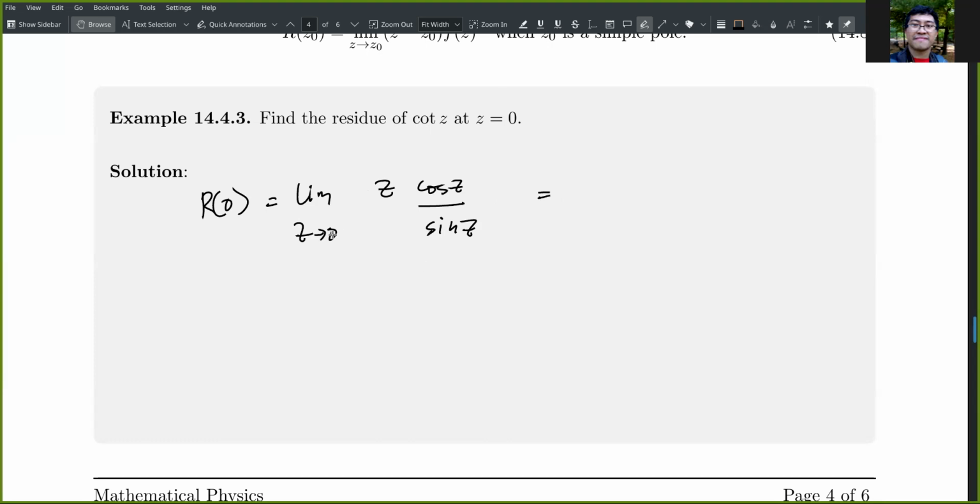If we plug in 0 for z, this becomes 0 divided by 0, indeterminate. So we can use L'Hopital's rule.